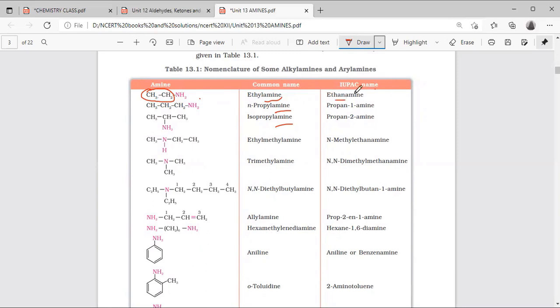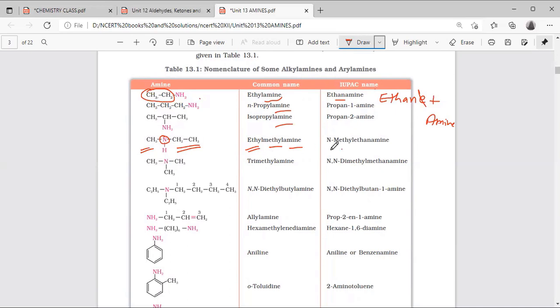Here two vowels are there, that's why this E I am cutting, ethanamine. This is IUPAC. In the common name, the alkyl group is taken as a substituent type. Suppose here one side methyl is there, one side ethyl is there. Alphabetical order: ethyl, methyl, amine.